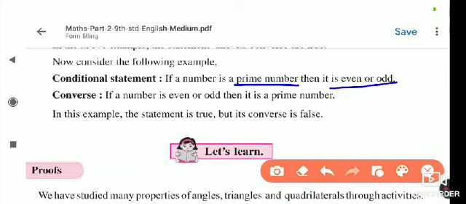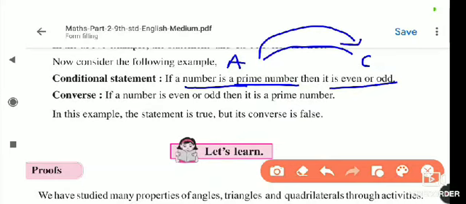This is the conditional statement. Now what we have to do is change the places of its parts. The antecedent is this part that I underline here, which follows if, and after then, the consequent is here. For the converse, we have to take the consequent to the antecedent place and the antecedent to the consequent place.